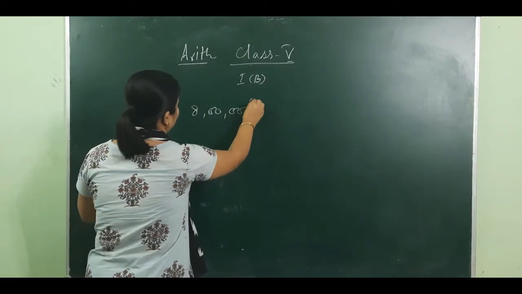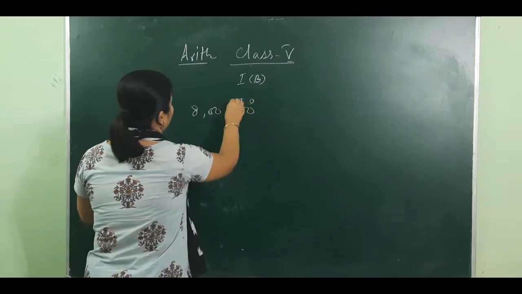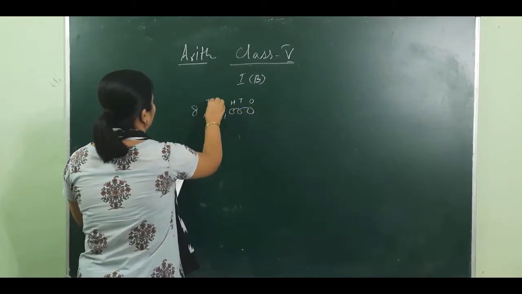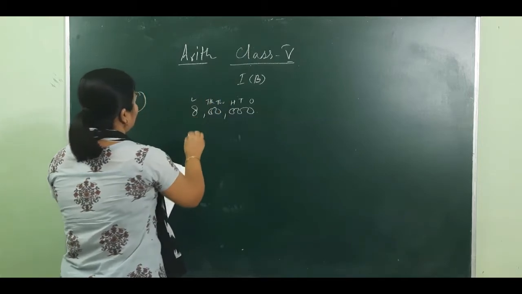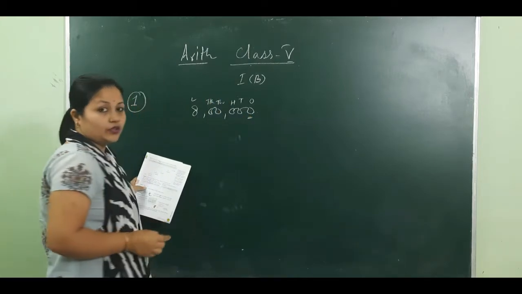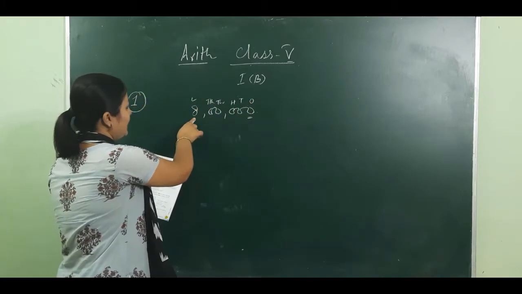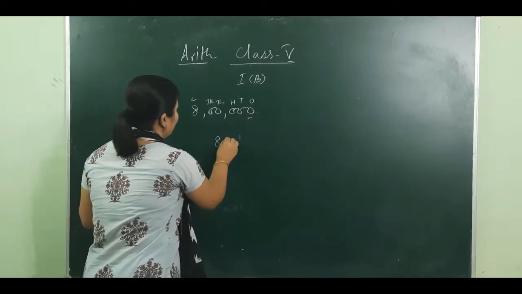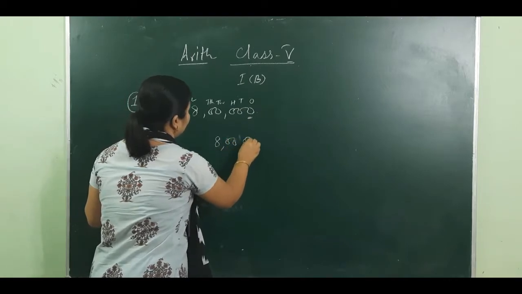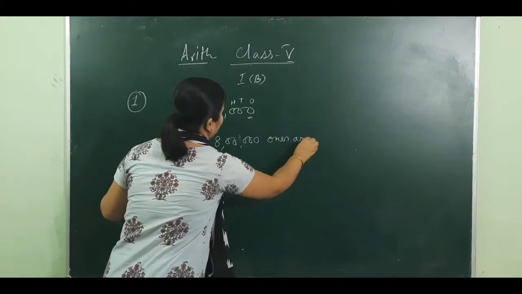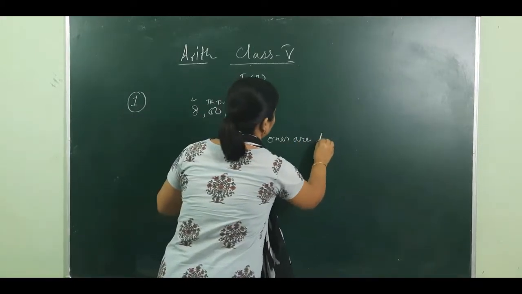Ones means this part. Okay, tens, 100, 1000, 10,000 and lakh. So ones is here, isn't it? If you have to find how many ones are there in 8 lakhs, then you write 8 lakh ones are there.